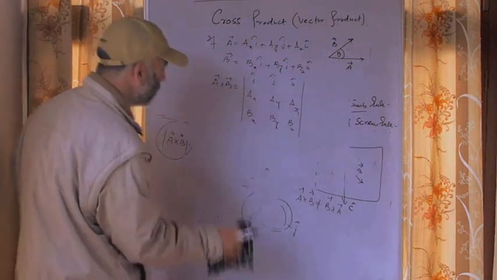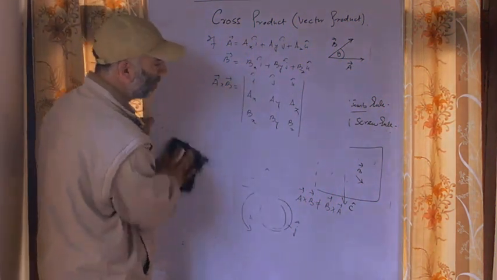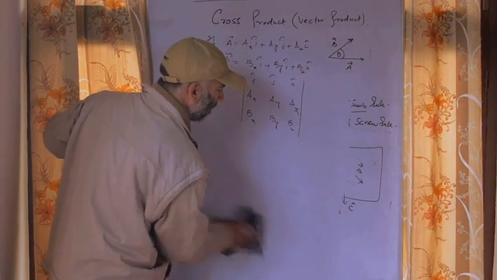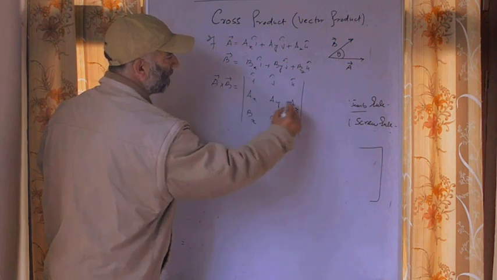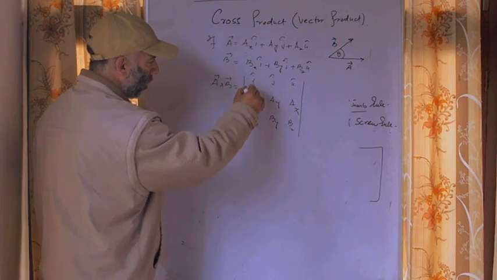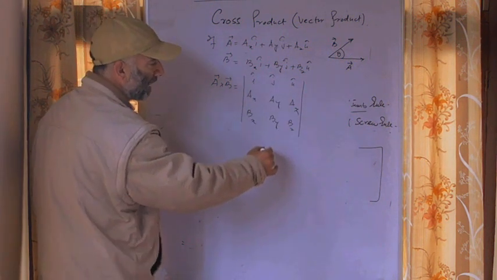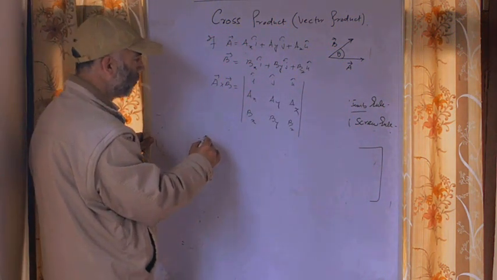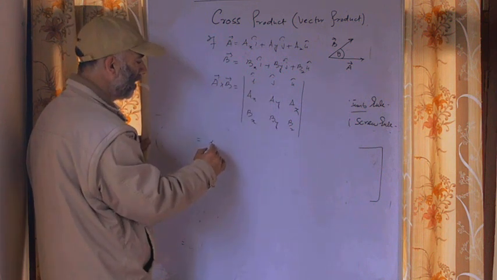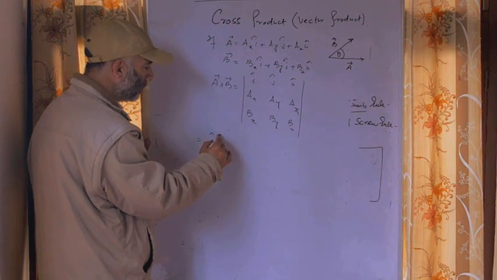Now you can operate this determinant either by any row or by any column. This is row number first, second, third, and column number first, second, third. Let's operate it by row number 1. What is the first element? It is i.